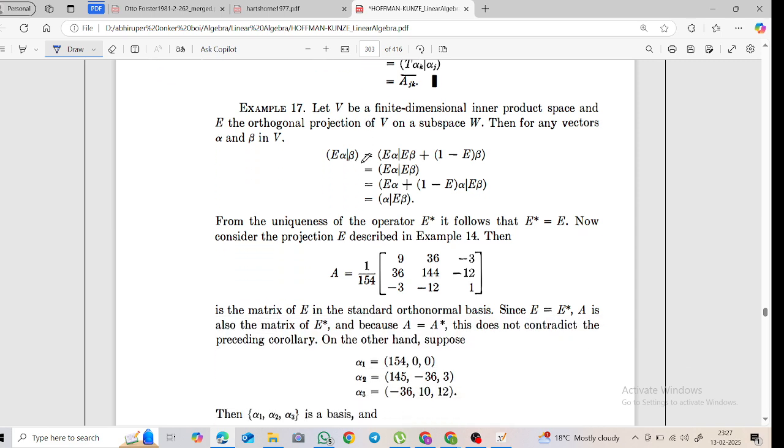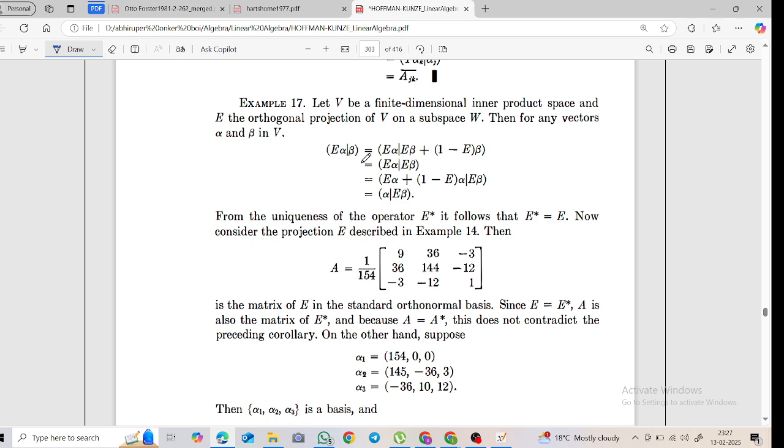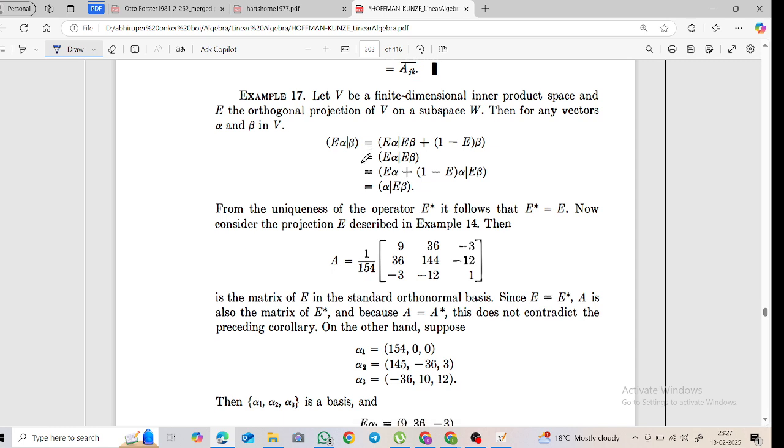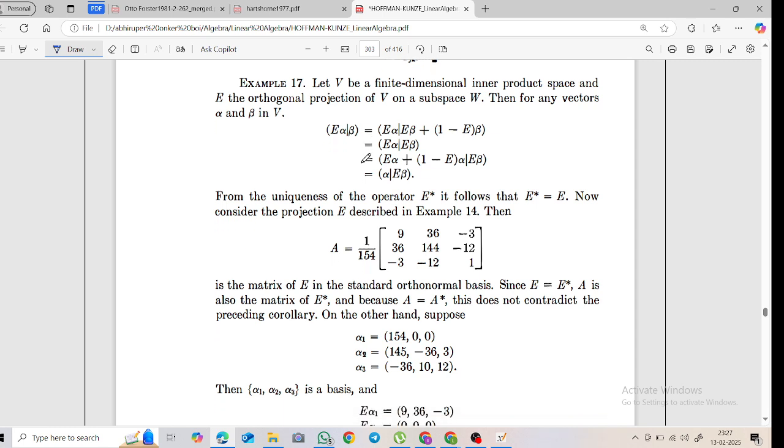Let V be a finite dimensional inner product space, and let E be the orthogonal projection of V on a subspace W. Then for any vectors alpha and beta in V.